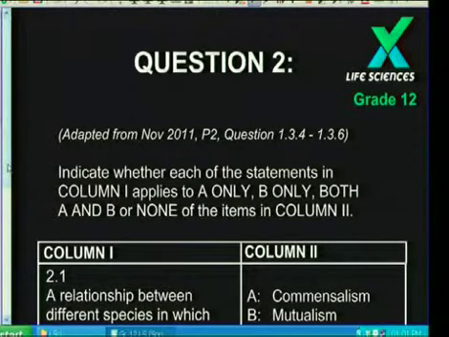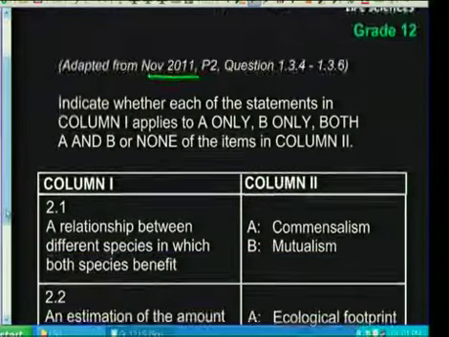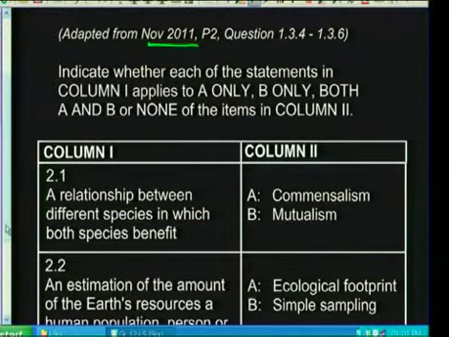This question has been adapted from the November 2011 paper 2. Let's read through the question. Indicate whether each of the statements in column 1 applies to A only, B only, both A and B, or none. It's very important, guys, for us to answer the question according to what the descriptions have been given.